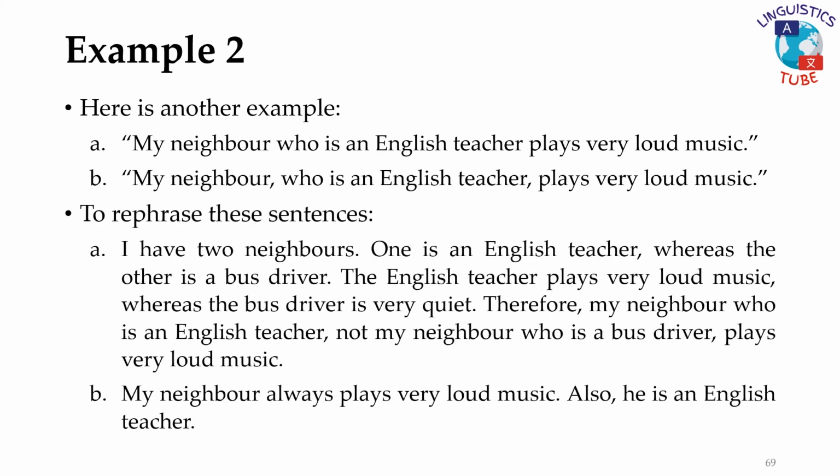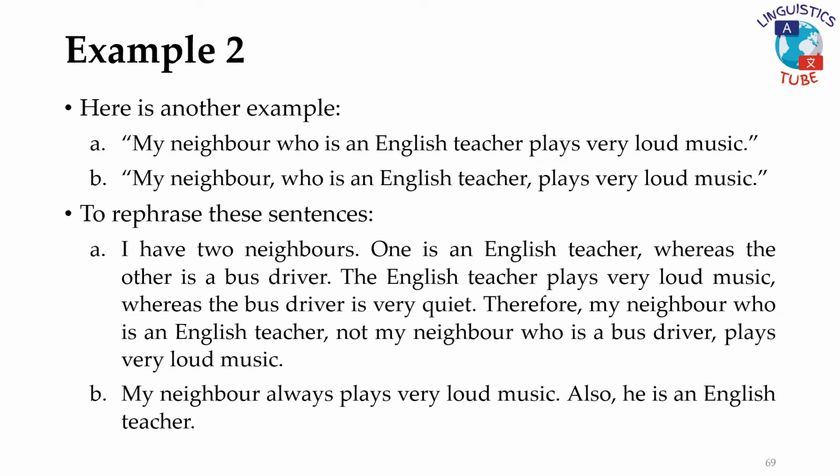Here is some context in which to understand these sentences. For the restrictive relative clause, my neighbor who is an English teacher plays very loud music. Imagine that I have two neighbors. One neighbor is an English teacher, whereas the other is a bus driver. The English teacher plays very loud music, whereas the bus driver is very quiet.